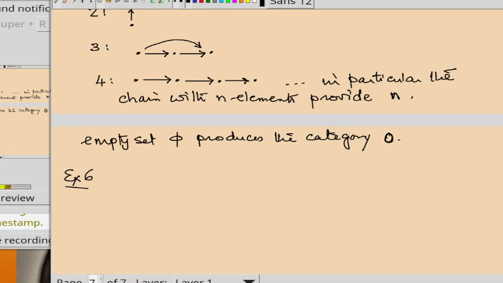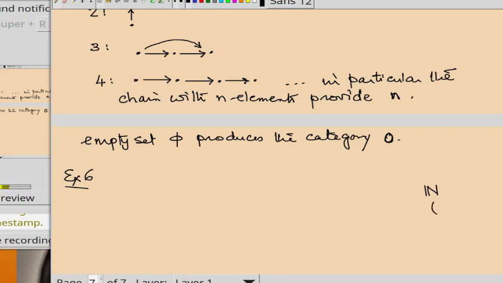So this time my set of objects is the natural numbers. And what are my morphisms? Well, the morphisms are the set of all matrices. Okay?